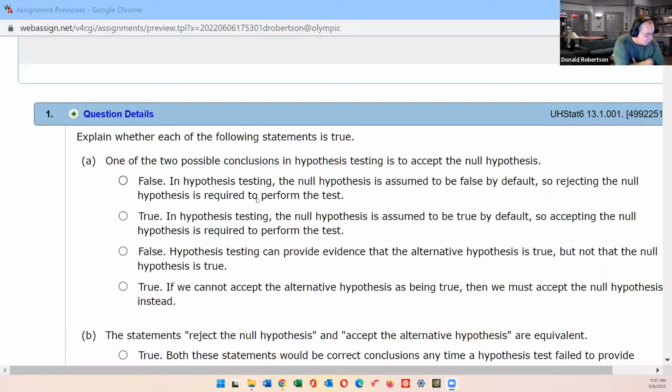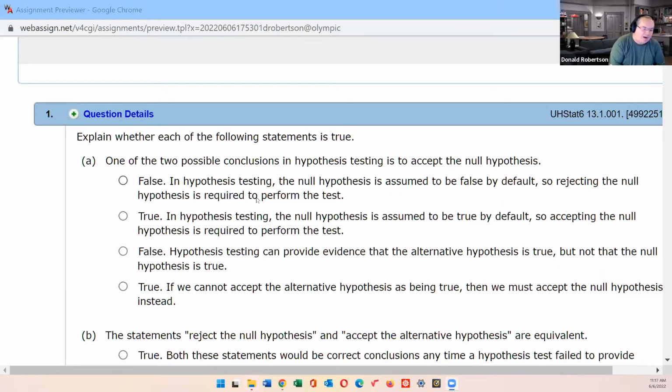One of the 2 possible conclusions in a hypothesis test is to accept the null hypothesis. Well, that's not true. You never accept the null. You either reject it or you accept the alternate, right? If you don't get evidence to prove that the mean has gone down, that doesn't guarantee that it's still 3.